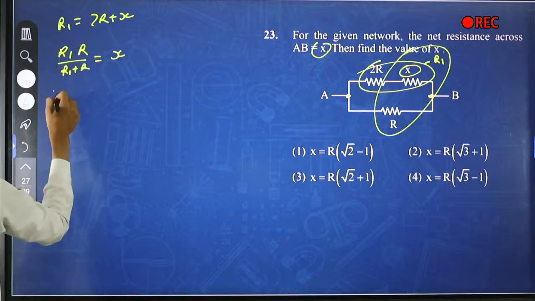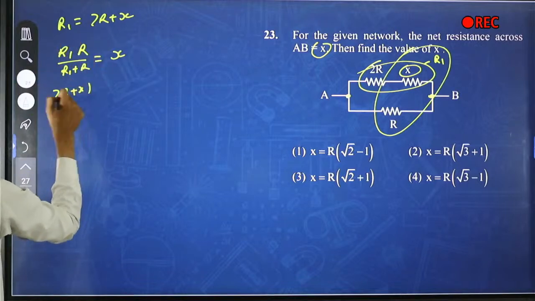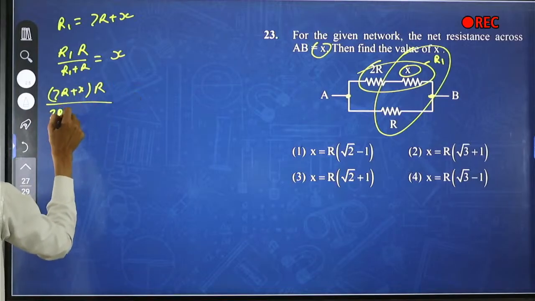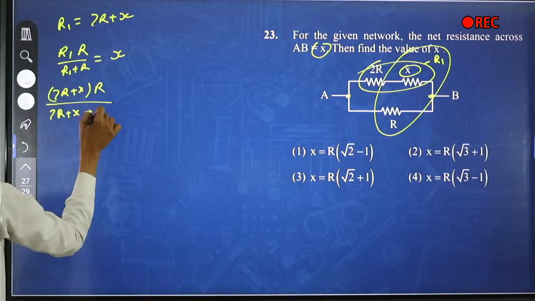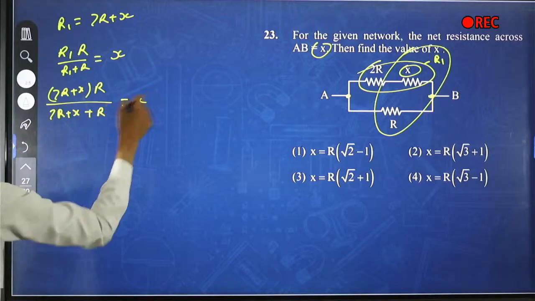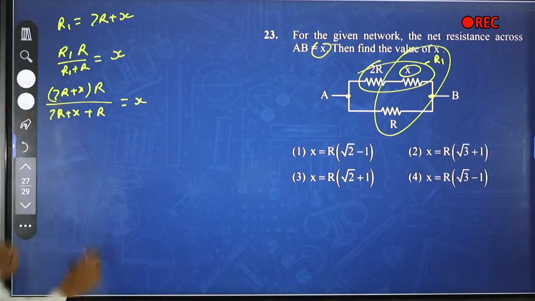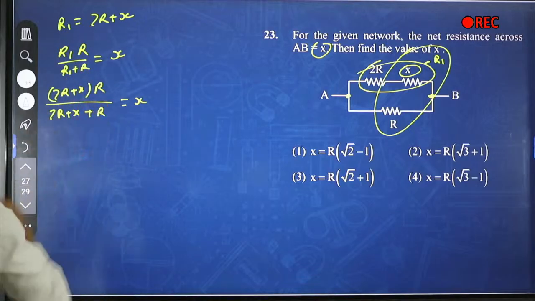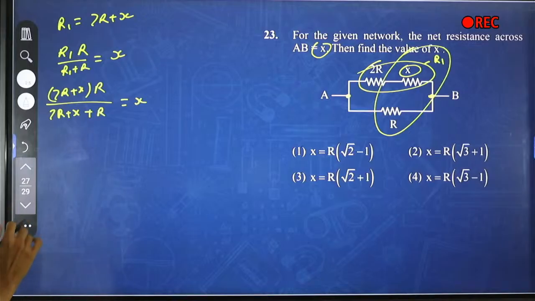So R1 is 2R plus X, into R upon 2R plus X plus R is equal to X. Okay, we have to calculate for X.